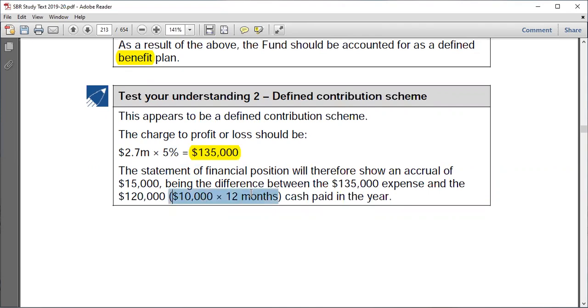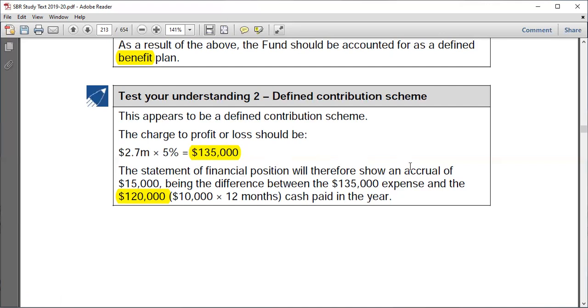So in a year, it would be 10,000 times 12, which would give us 120,000, right? So by the end of the year, 120 has already been paid, but the actual expense was 135. We still owe the difference, that is 15,000, which is an accrual.